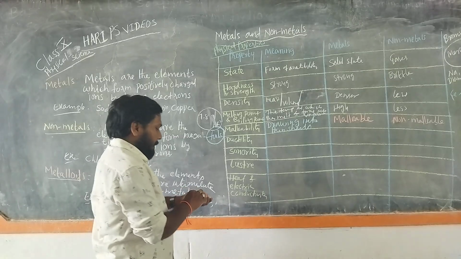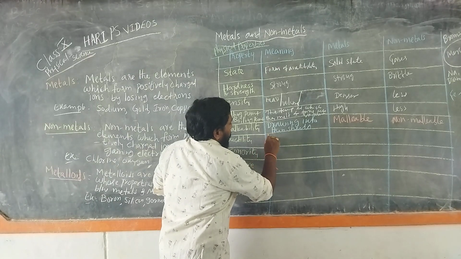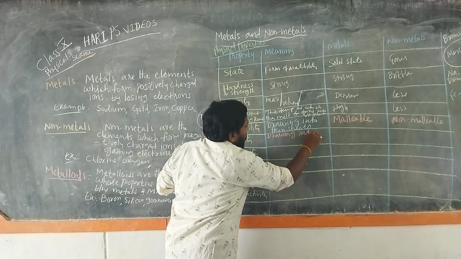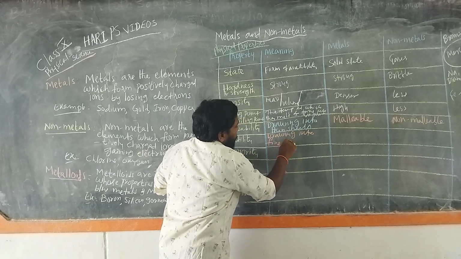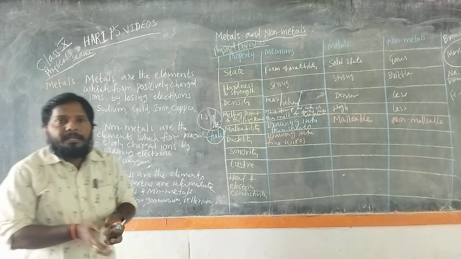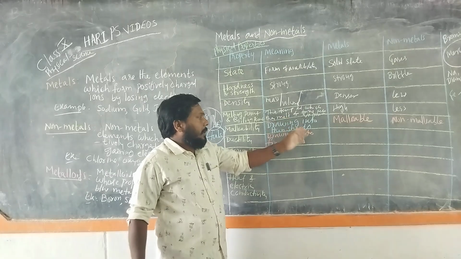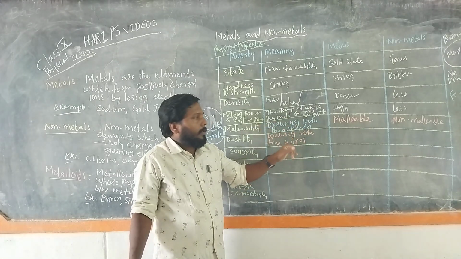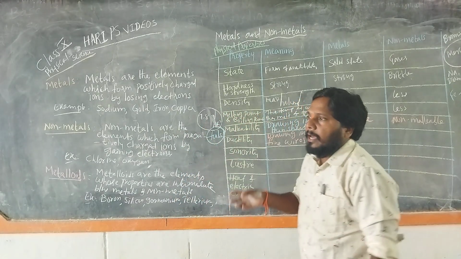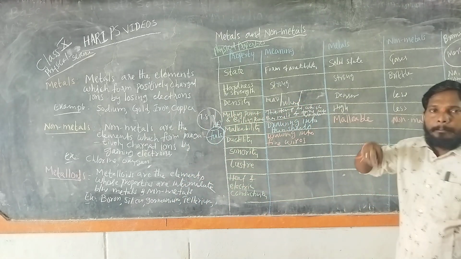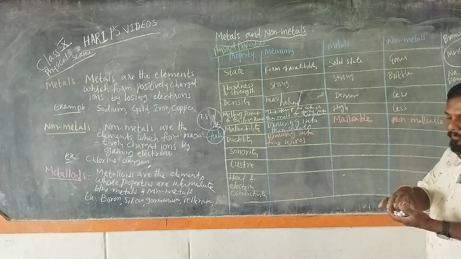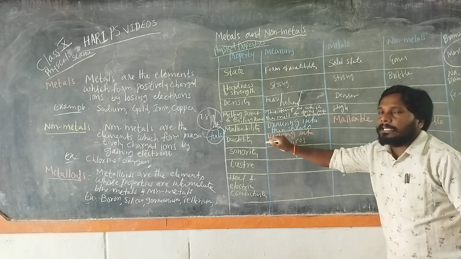Then coming to ductility. Ductility means drawing into fine wires. The property of a material which can be drawn into fine wires we call ductility.